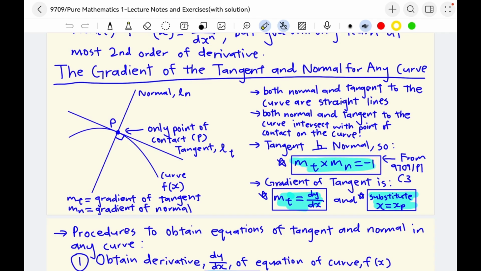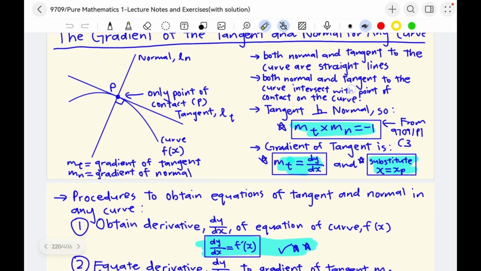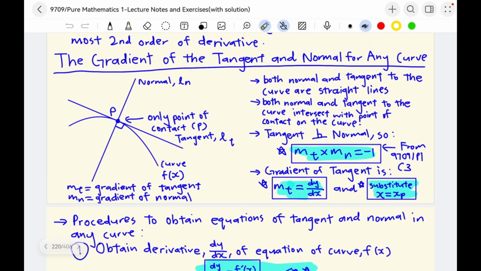For this, we can use the proof of the double angle formula for tangent, because tan theta is actually the gradient. To get the gradient of the tangent, differentiate the curve function, then substitute x equals xp, where xp is the x coordinate of the contact point.